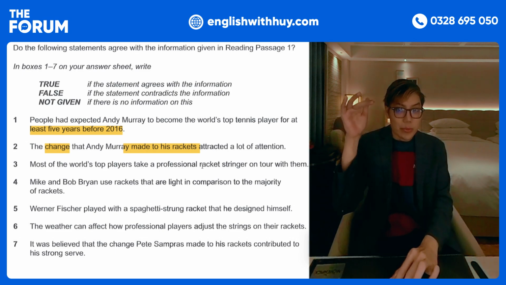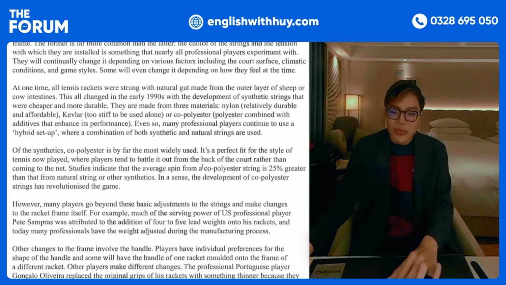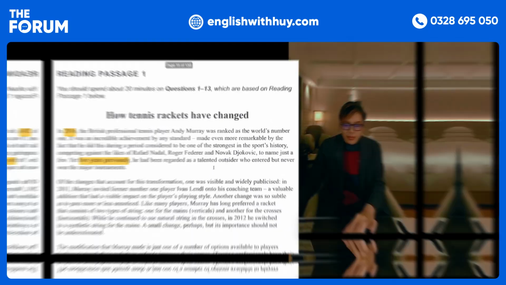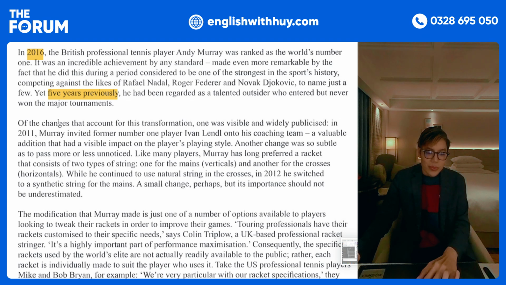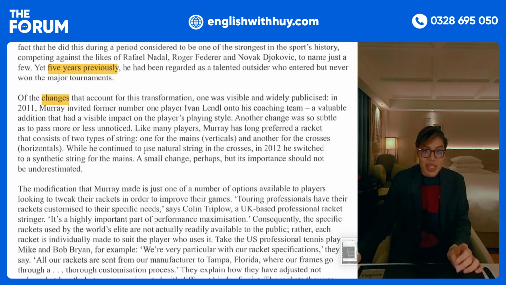So you would want to move down a little bit. So let's see. Moving on, I can see the changes here immediately. I would want to look for the change specifically made to his racket. So you move down a little bit and you can see immediately the change to his racket.